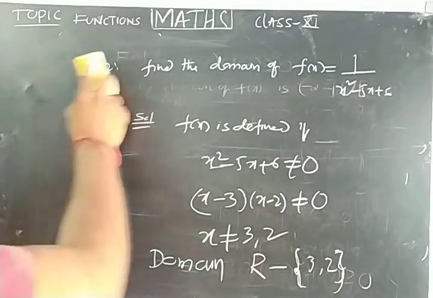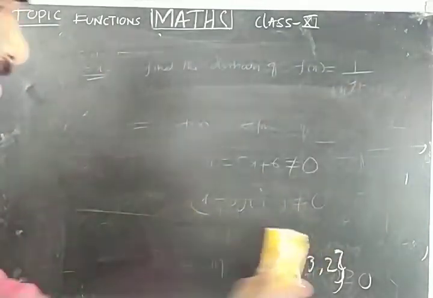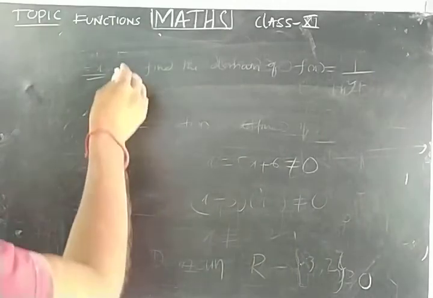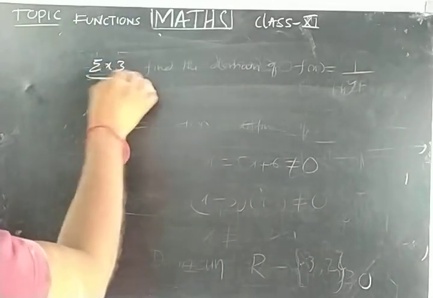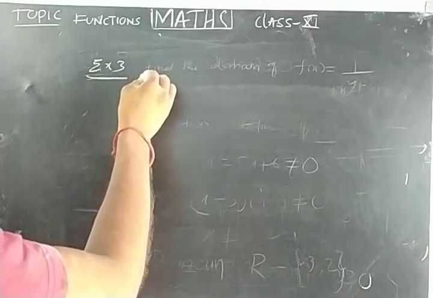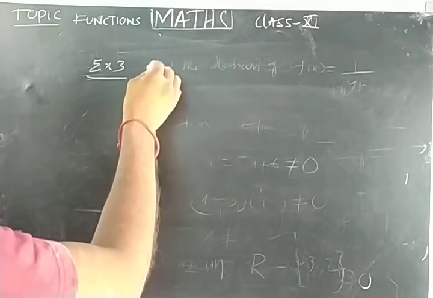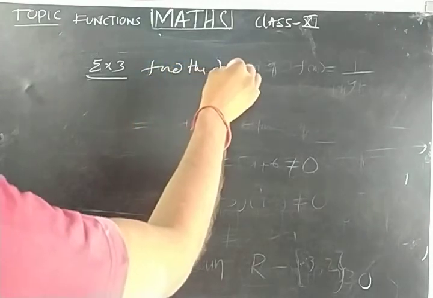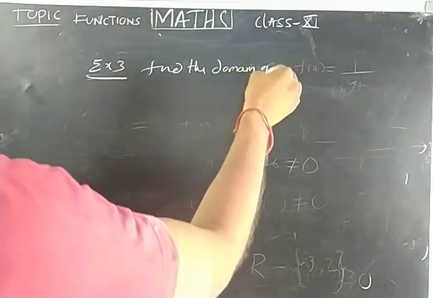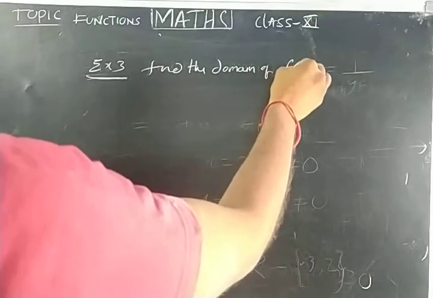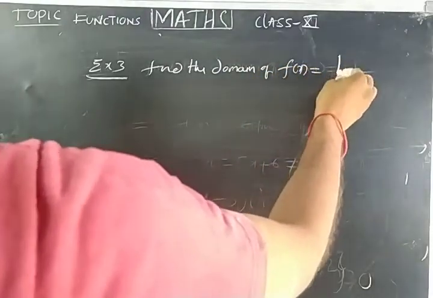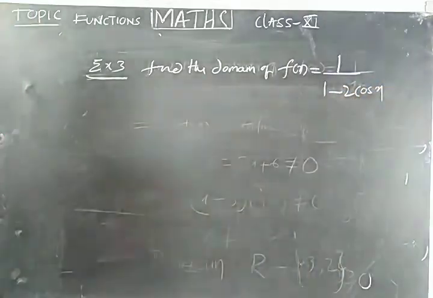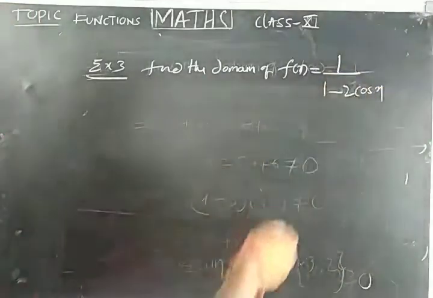Now next example problem. Example 3. Find the possible domain of f of x is equal to 1 by 1 minus 2 cos x. Again it is in fraction form.